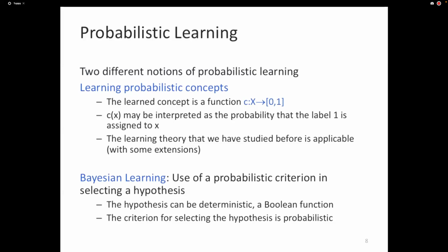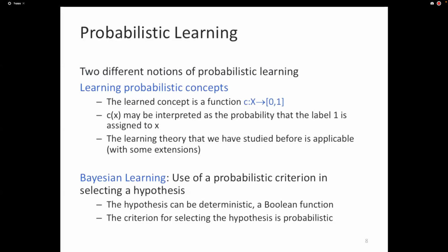And Bayesian learning relies on the notion, basically Bayes' theorem, to decide on that hypothesis, to decide on what it means for learning to be successful. The hypothesis itself could be a Boolean function. It could be a linear classifier. It could be anything.